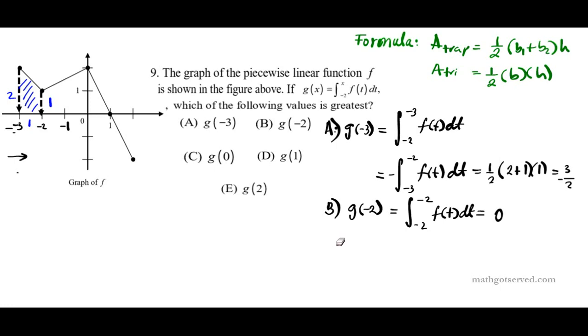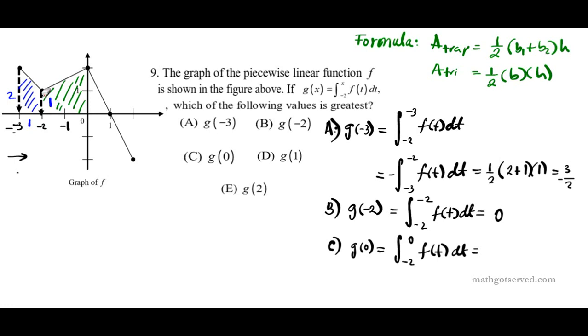Now let's take a look at option C. Option C is g of 0. What is g of 0? G of 0 is an integral starting from -2 all the way to 0 of f of t dt. We're going from -2 all the way to 0, so we are looking at this geometric figure right here. That is also a trapezoid.